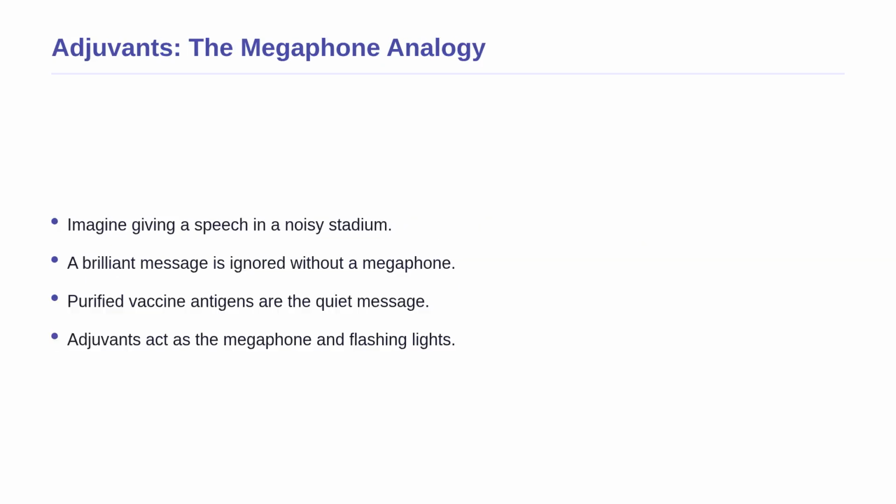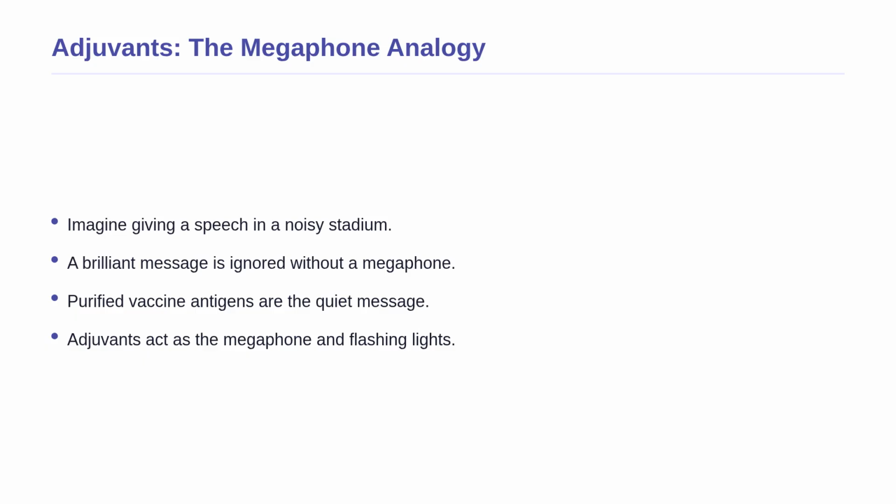We have successfully measured hapten binding, which brings us to our second major concept, adjuvants. Let us imagine you are trying to give an important speech to a massive crowd in a noisy stadium. Even if your message is brilliant, no one will react if they cannot hear you over the background noise. To get the crowd's attention, you need a powerful megaphone and perhaps some flashing lights.